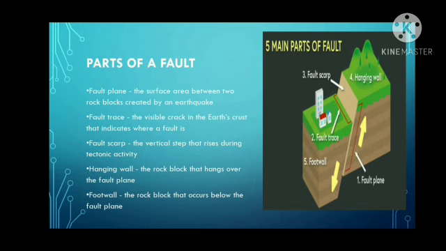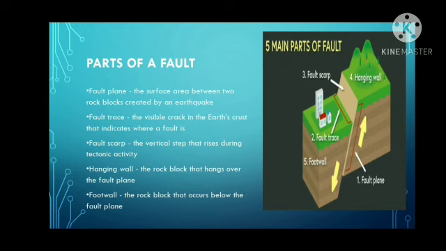So there is the movement, or the opposite movement of forces. One is going upward and the other one is going downward. So the fault plane is in between those two moving plates.